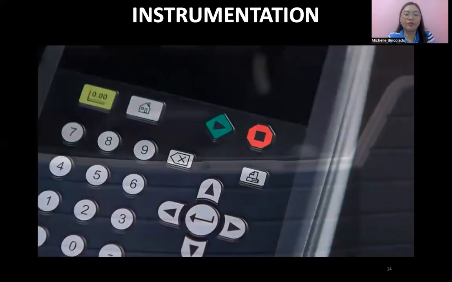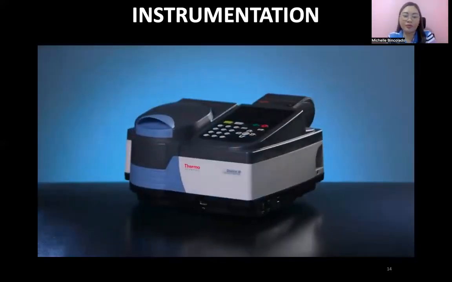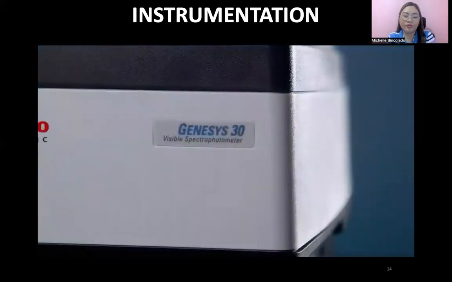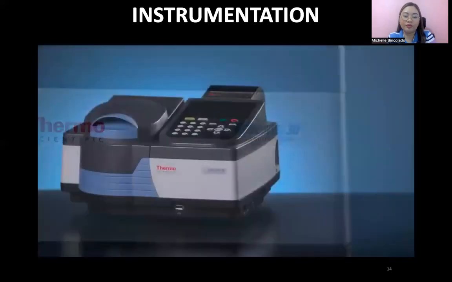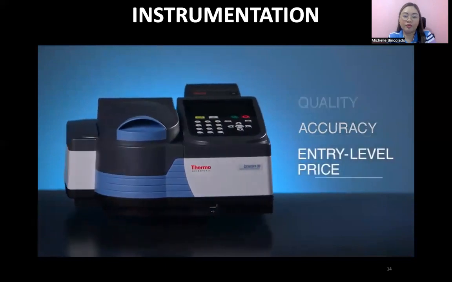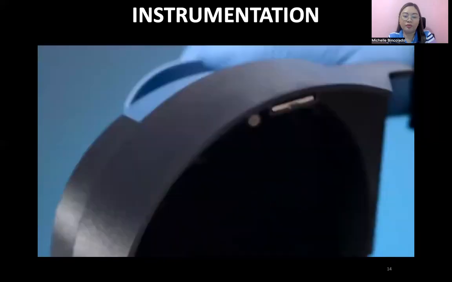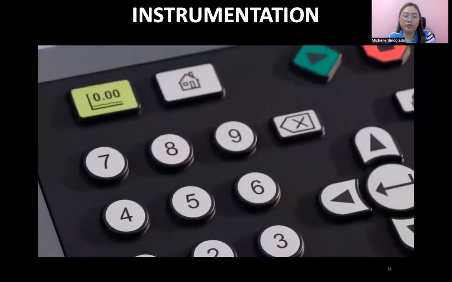Are you looking for a spectrophotometer that's built to last even in the toughest laboratory environment? Discover the Thermo Scientific Genesis 30 spectrophotometer, the only unit that delivers the quality and accuracy of a top-of-the-line instrument at an entry-level price. The Genesis 30 features sturdy, lab-tough construction that stands up to the demands of a real working lab.